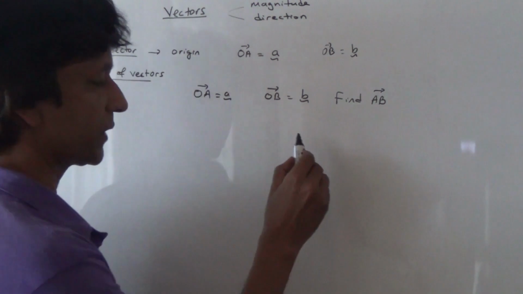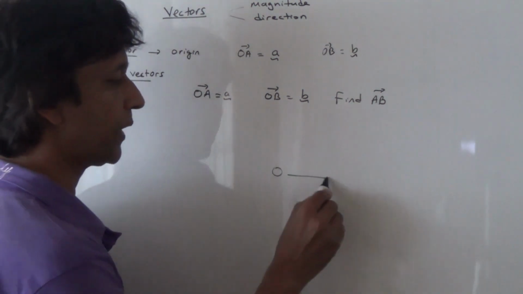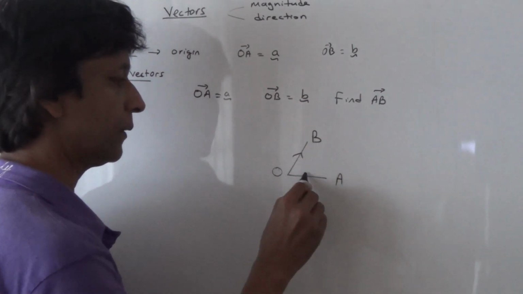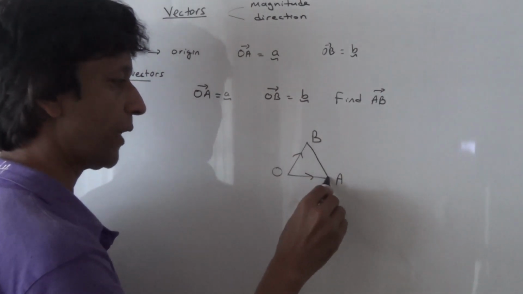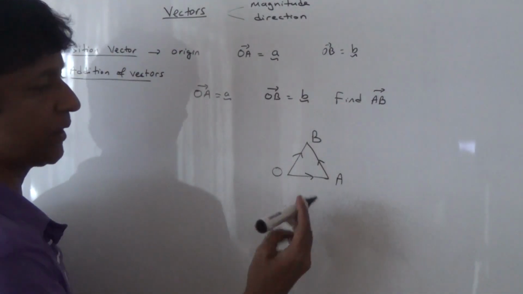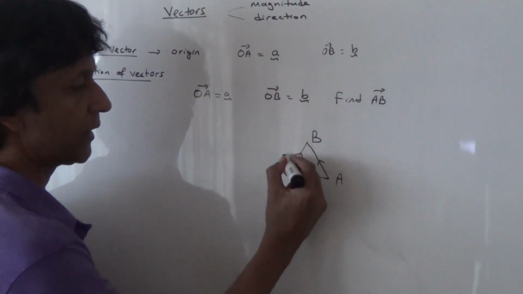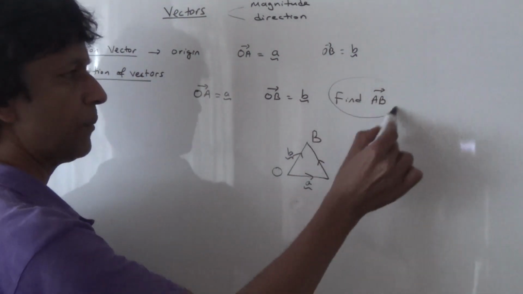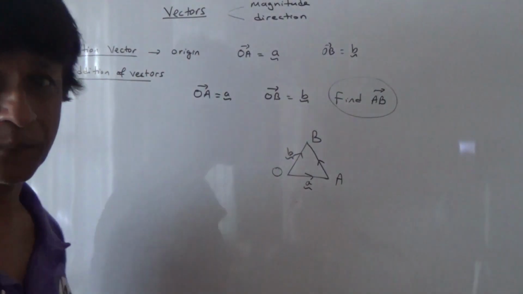This is vector OA and this is vector OB. Now we want to find our target, which is vector AB. How can I do this?